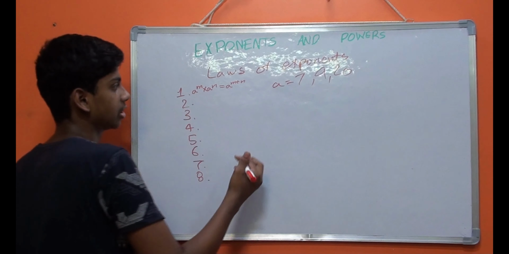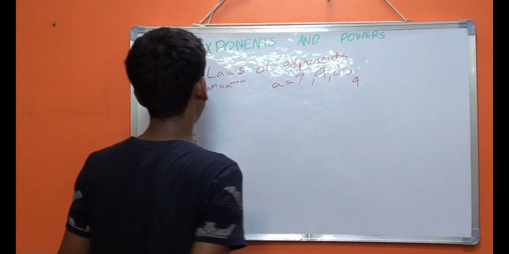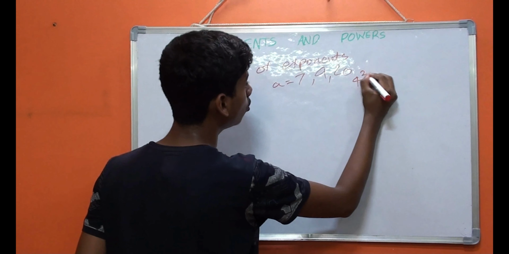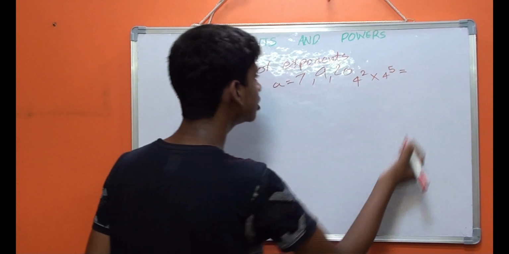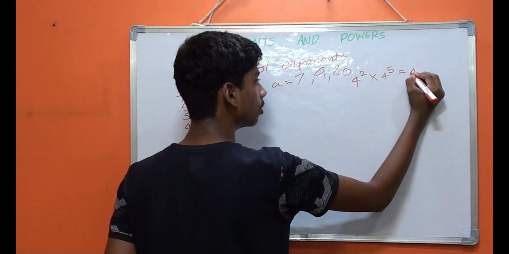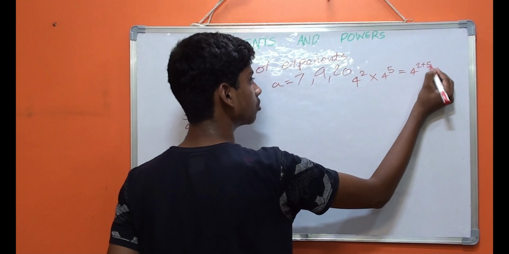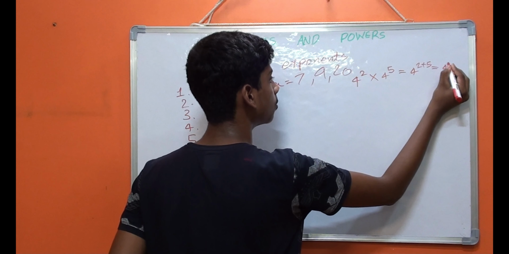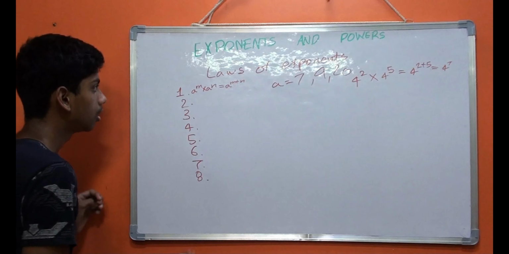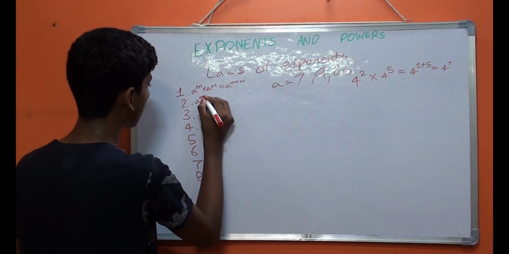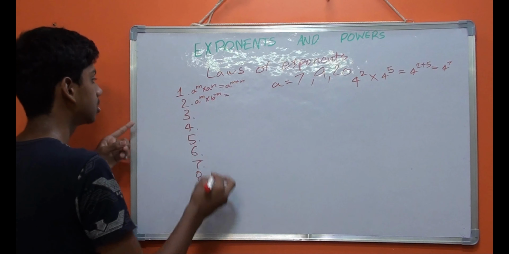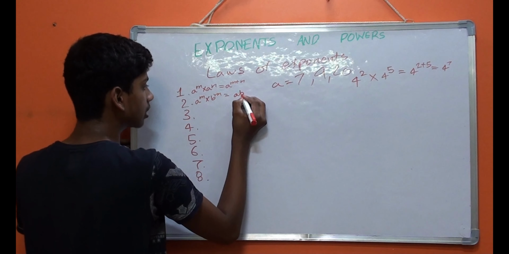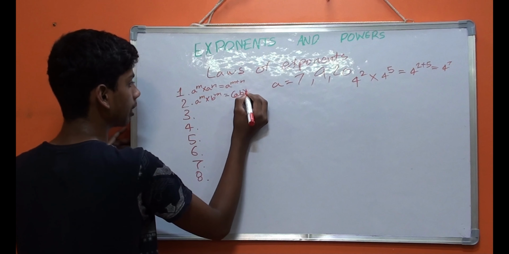For example, let's take a as 4, and 4 to the power of 2 into 4 to the power of 5. Now this equals 4 to the power of 2 plus 5, which equals 4 to the power of 7. The next one, a power m into b power m. Now this is simple. Here we would get ab whole power m.